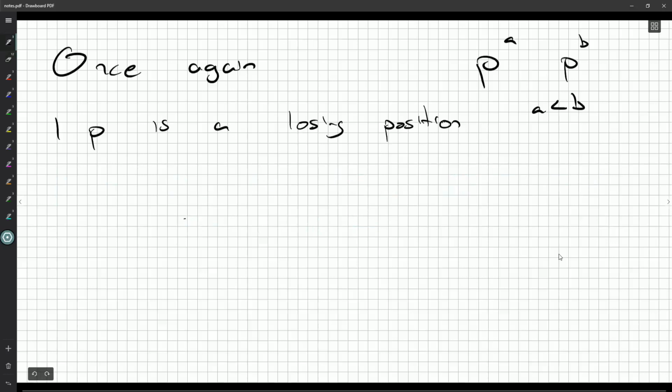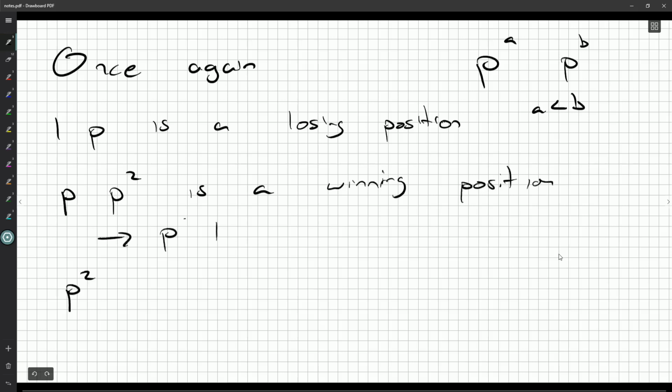Tricky. So pp squared is a winning position. Just give them p1. There's no way 1 has already been written.